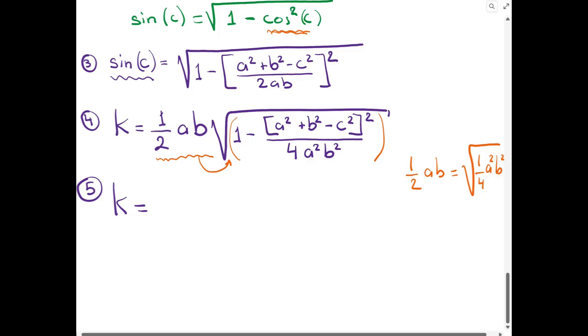Can you agree with me? If I take the square root of 1/4, I get 1/2, and if I take the square root of a squared b squared, I get my ab back, right? So I'm going from that form to this one so that I can include everything in my radical.